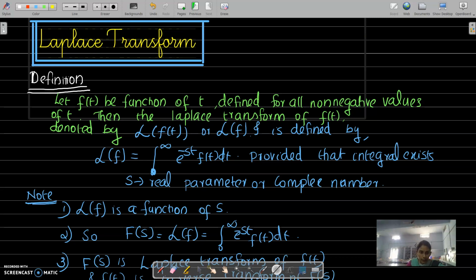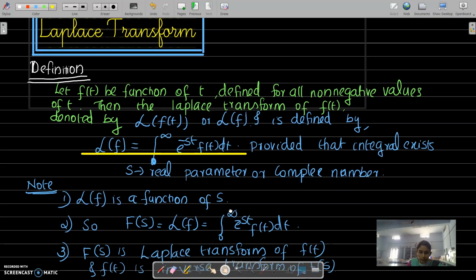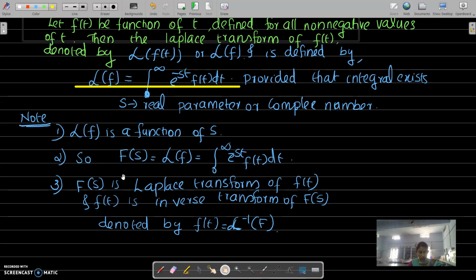What is the transform? L of f is equal to the integral from 0 to infinity of e raised to minus st into f of t dt. Next, we have to notice carefully that L of f is a function of s, so I can write this as capital F of s. That is the Laplace transform of small f of t, which is the integral from 0 to infinity of e raised to minus st f of t dt.